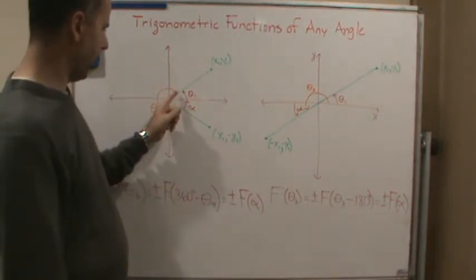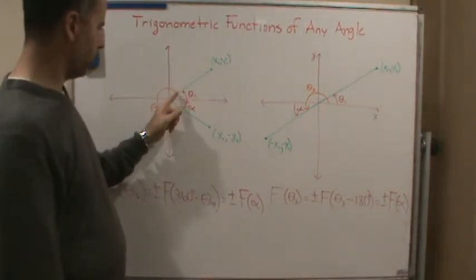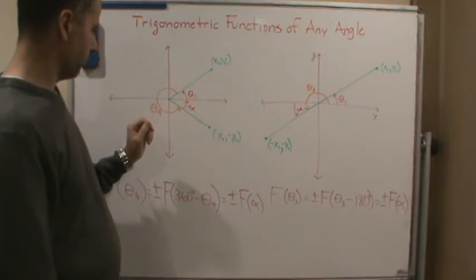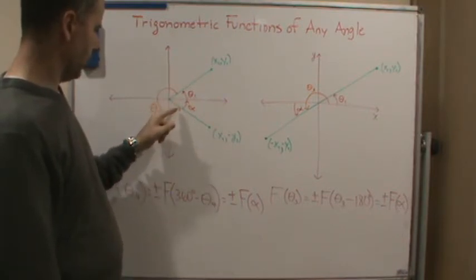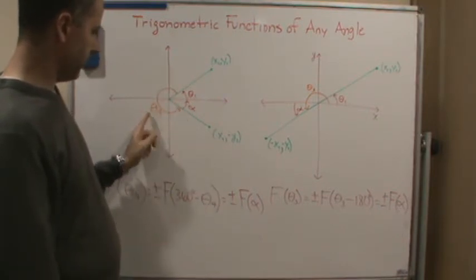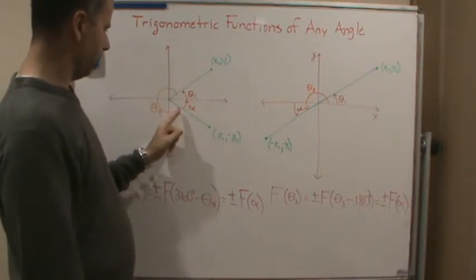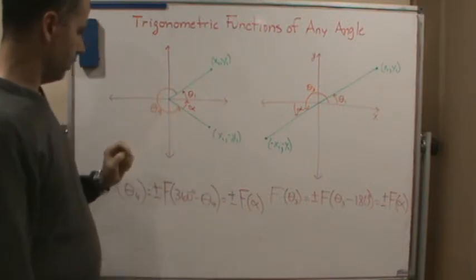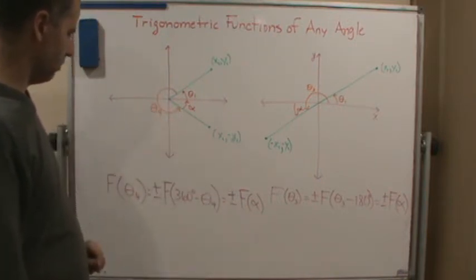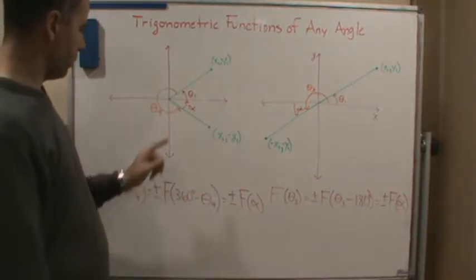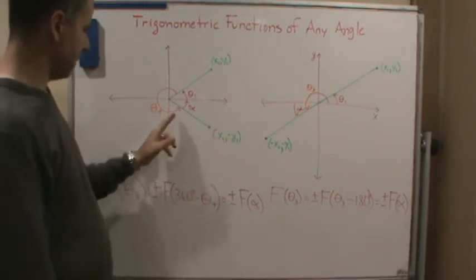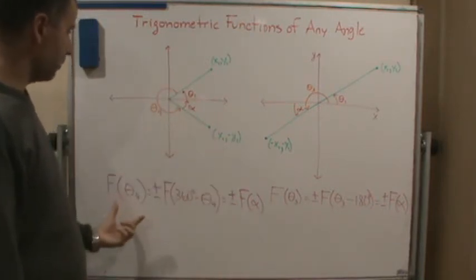Now here's the thing, if you add 360 to theta 4, you get all the way around to this. So in other words, if you take 360 minus theta 4, you get theta 1.